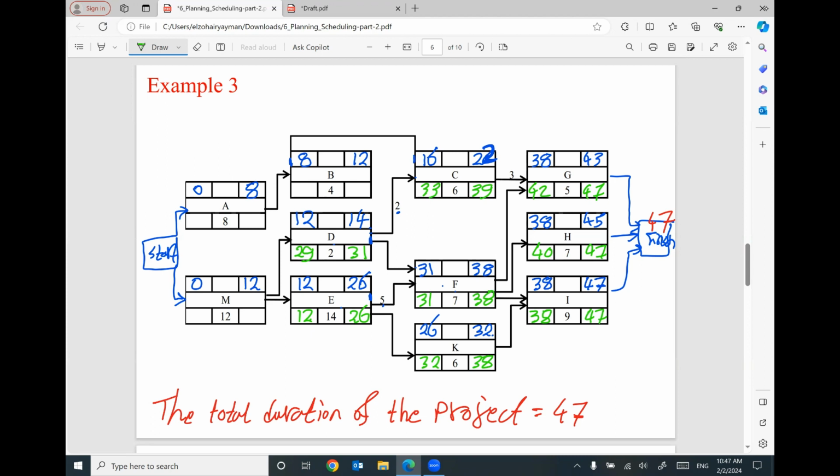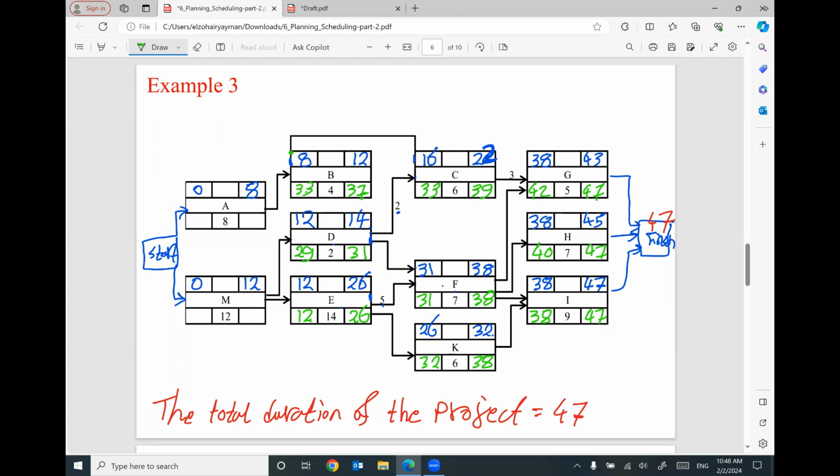This one, we have only one arrow coming back to the start, so be careful. 33 will go back to be the start here, 33. Plus 4 will be 37. This is the late start, late finish.